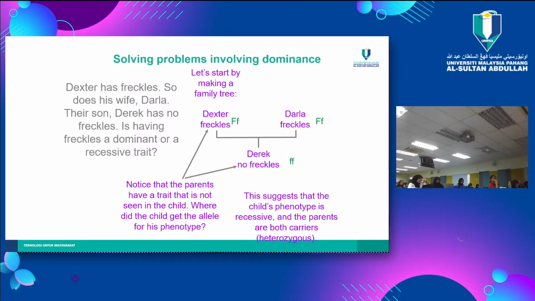Make a family tree. So usually it's a recessive trait. If it's a recessive trait, and we already know a certain genotype, then we can work out the genotype of his father or the mother.